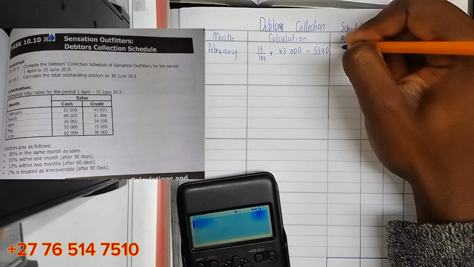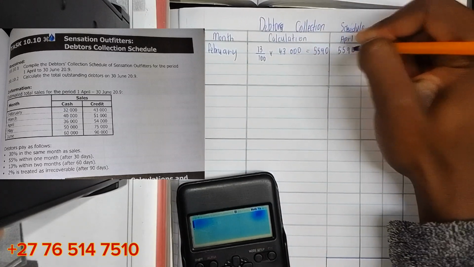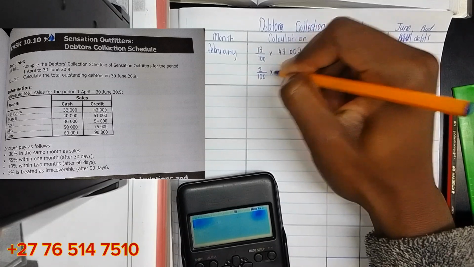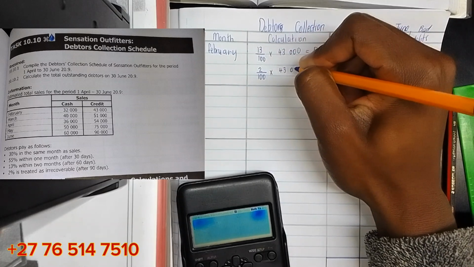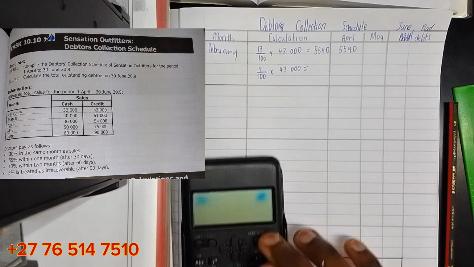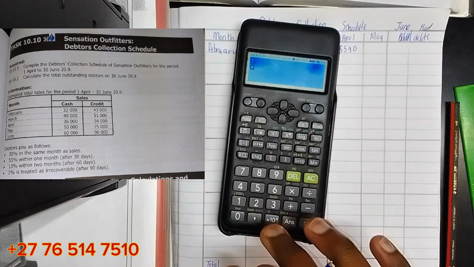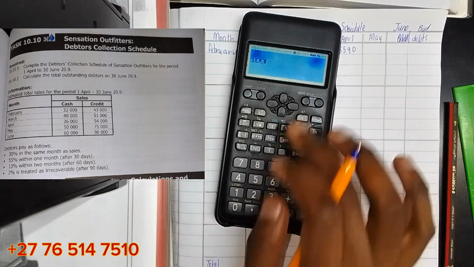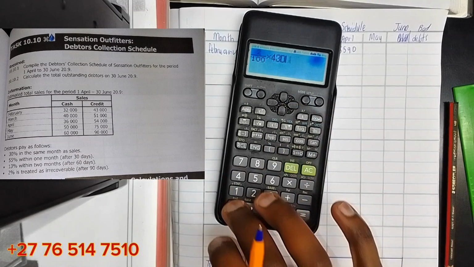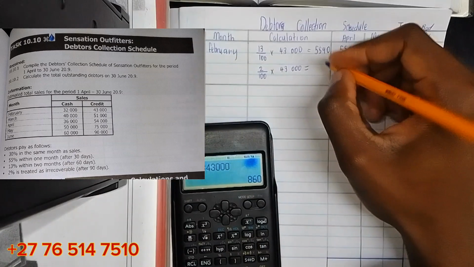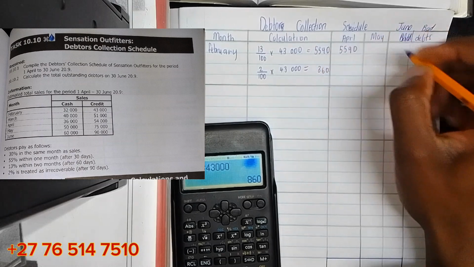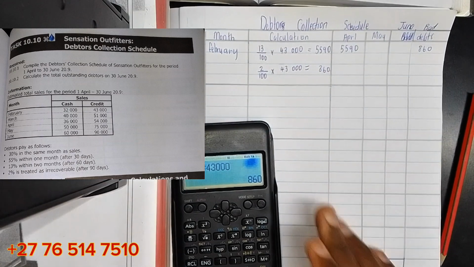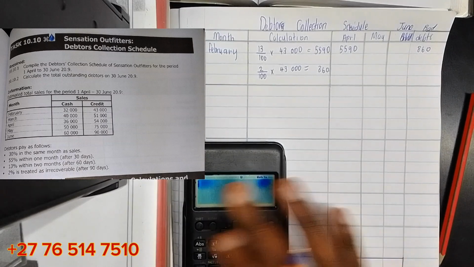I'm going to take the 5,590 and record it right here. Now we want the 2% that is treated as irrecoverable. 2 over 100 times 43,000. This comes right here because it's bad debt, since they say it's treated as irrecoverable.